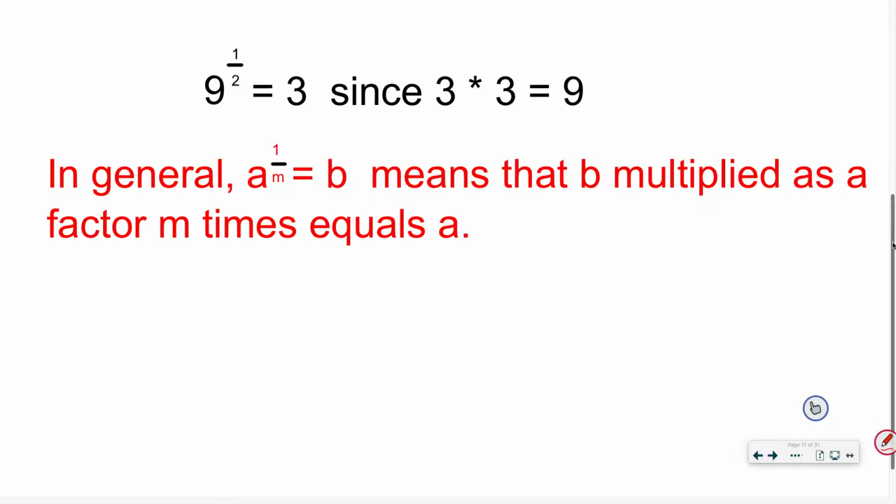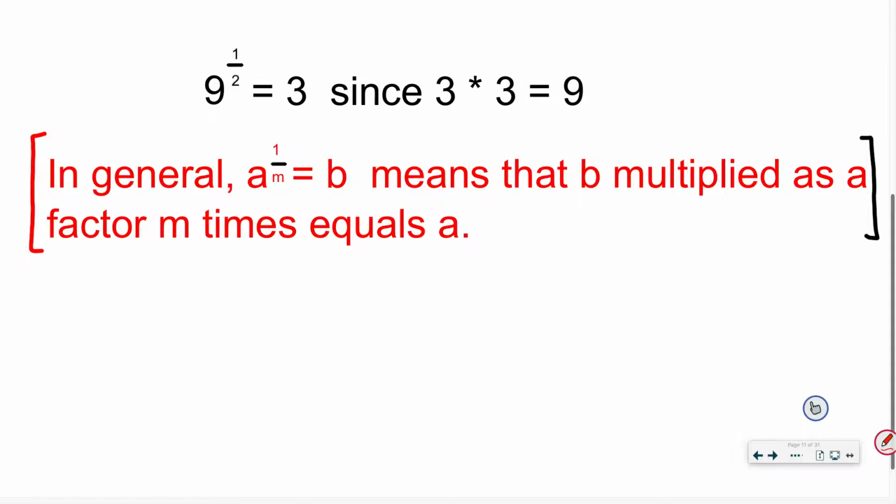So 9 to the 1/2 is 3. Write that example down. 9 to the 1/2 power is 3, because 3 times 3 is 9. So here is our property. In general, if I have a value raised to the 1 over m power, again, the a and the m are just meant to be random numbers right now, like any number. A to the 1 over m equals b.